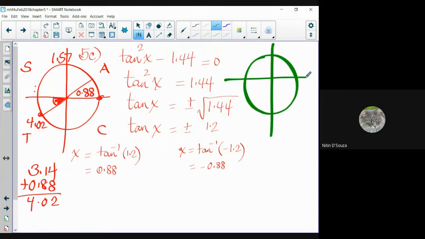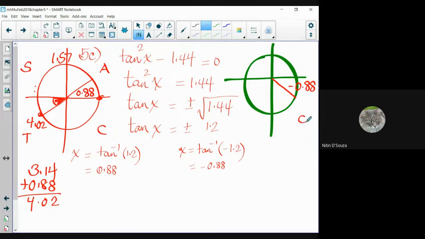This time they told us it's negative 0.88. Okay. So this we got to do a little bit of work with, because our domain is 0 to 2 pi. But first, let's look at the other side.